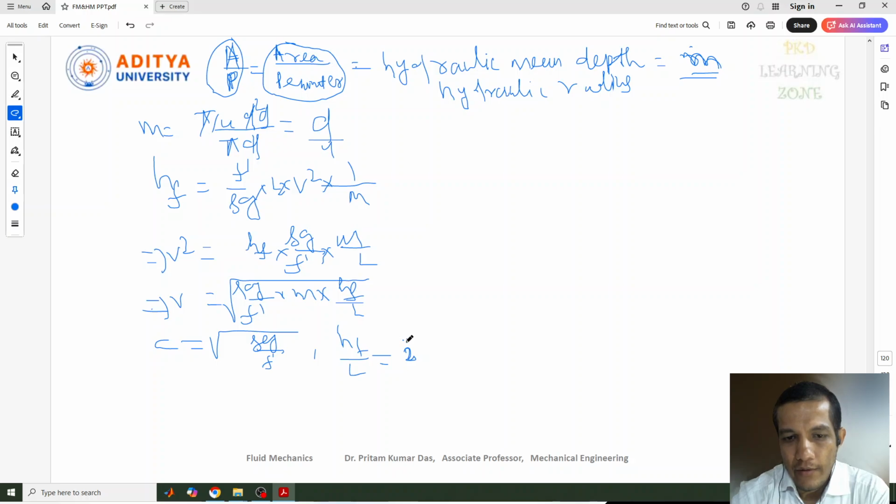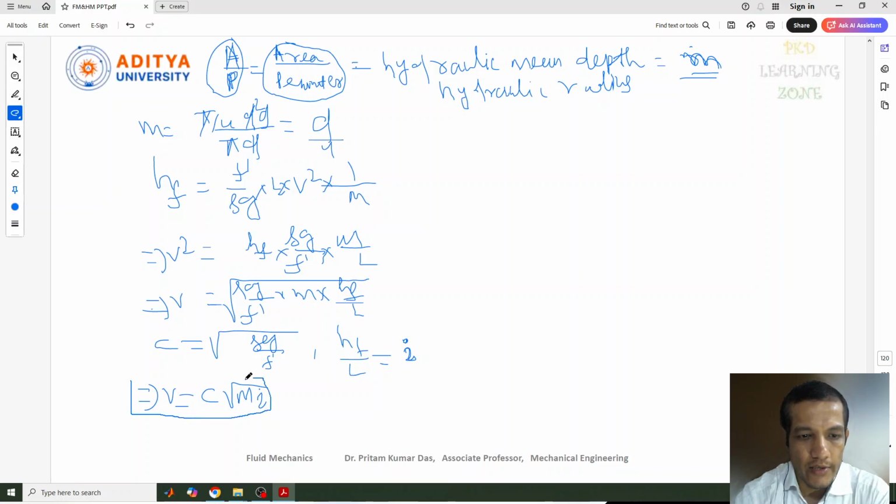Let us keep the parameter i and put the value of C equal to root over of rho g by f dash. So v equals C into root over of m into i. Here i is nothing but the head loss per unit length of the pipe.